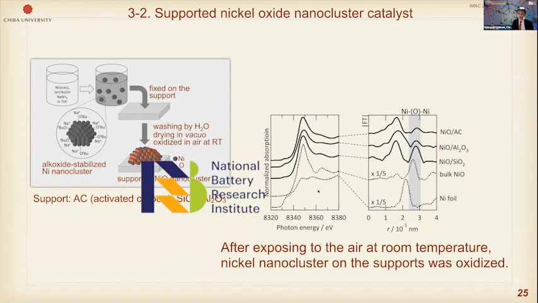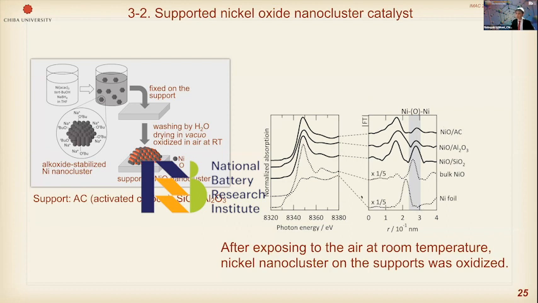Now the obtained catalysts were checked by nickel K-edge XAFS. You can see the normalized data here, and this is the Fourier transformed data.